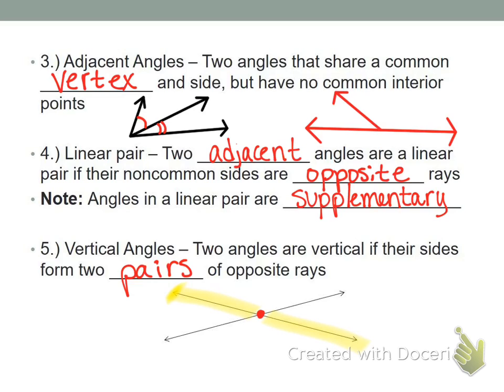I'll do my other opposite rays in blue. So we can see we have two pairs of opposite rays formed. Notice that those lines are perfectly straight. They don't bend at all.